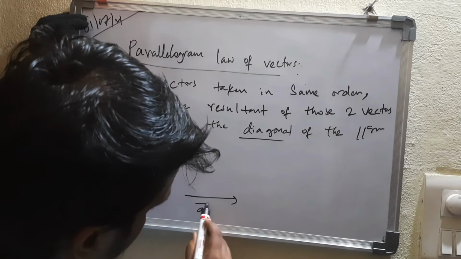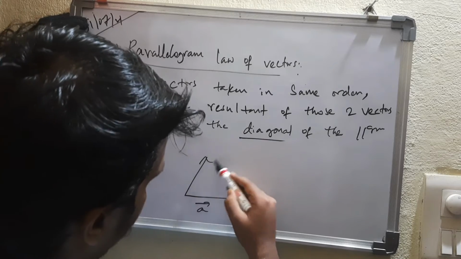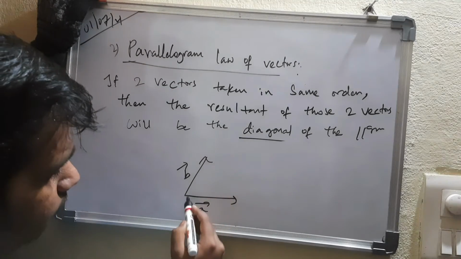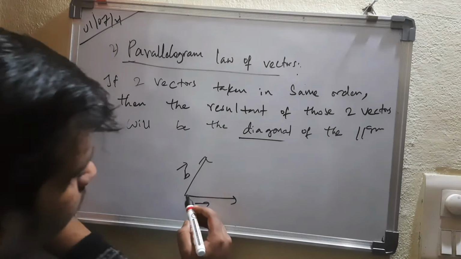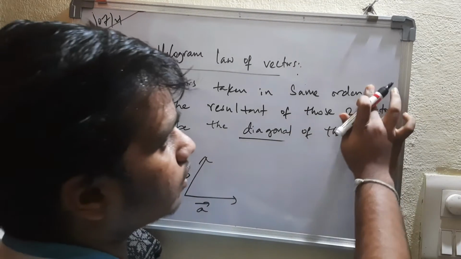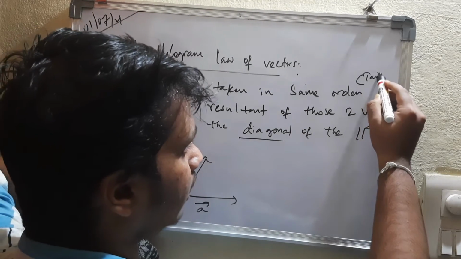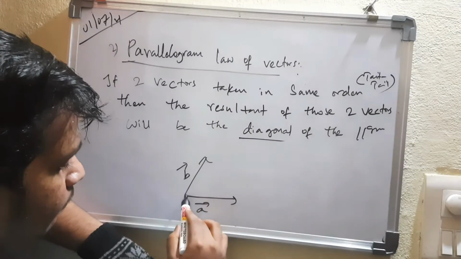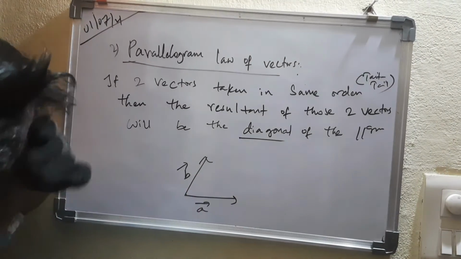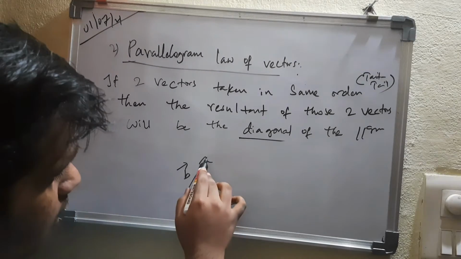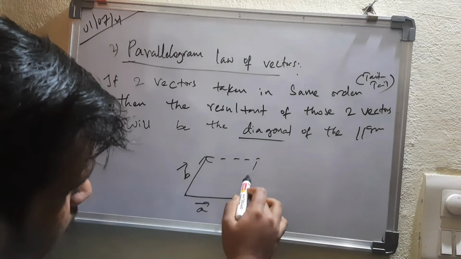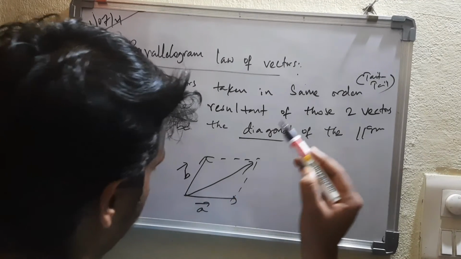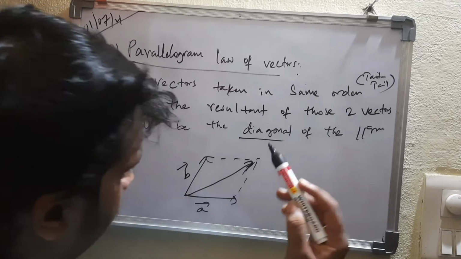This is vector A, this is vector B. The resultant formed, I say same order, tail to tail. Okay, the resultant formed is the diagonal. First step after drawing the vectors, you have to complete the parallelogram, and the resultant is the diagonal of the parallelogram.